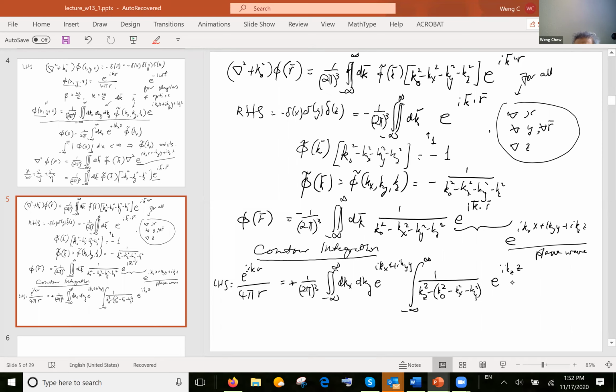And then I will have only one in the innermost position. So let me see if I can integrate this in closed form. It turns out that you can integrate it in closed form if you know how to do contour integration and use the Cauchy integration principle.